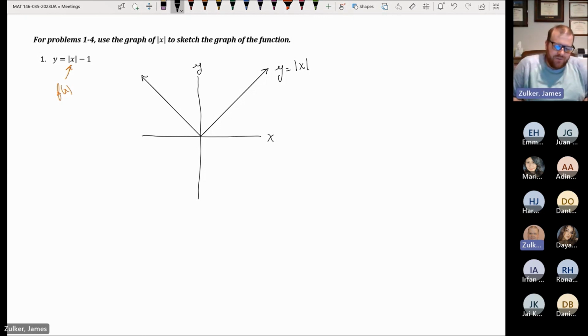Okay, we have reflection, we have translation. So for reflection, is the function being multiplied by a -1? It's not, right? It is a translation. What kind? Horizontal or vertical?